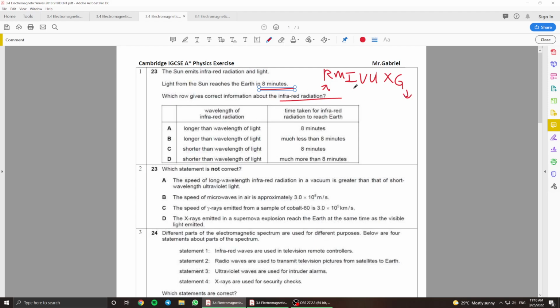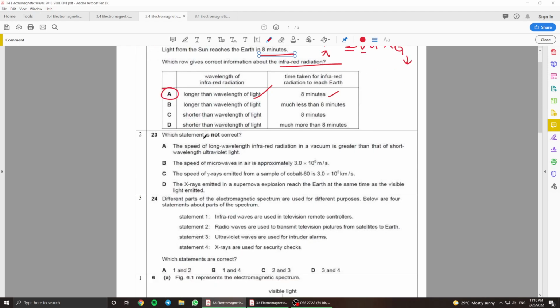So infrared is somewhere around here, and visible light is somewhere around here. So the wavelength here is longer than the wavelength of light. Okay, possible. Time taken for infrared to reach Earth will be exactly 8 minutes as well. So not much to see here. Just A is the answer.